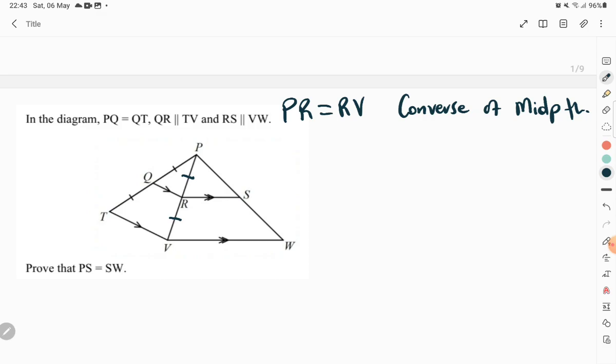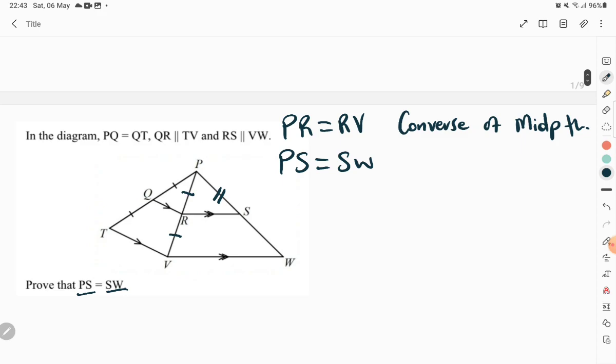So still we can say PS is equal to SW, because we have this R, which is the midpoint of one side, and RS is parallel to the second side.